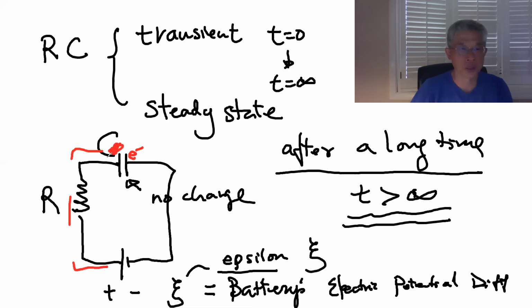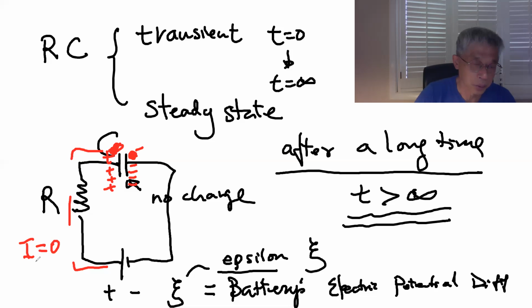You got one electron here, you got plus there. That is basically the current. So there is a current going on in the beginning. Finally, after a long time, it stops because this is all populated already. Then there's no current.